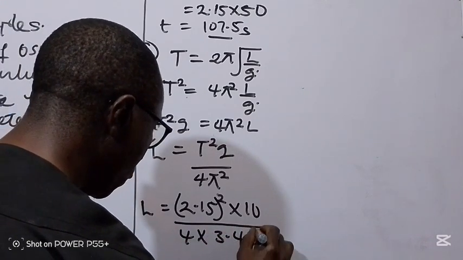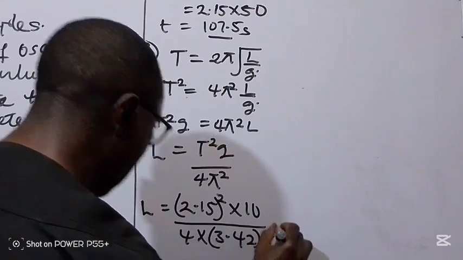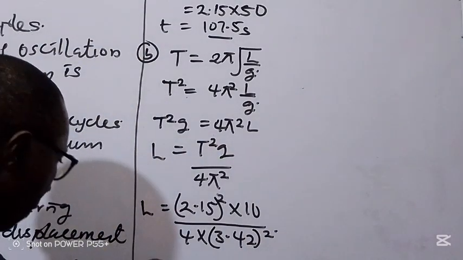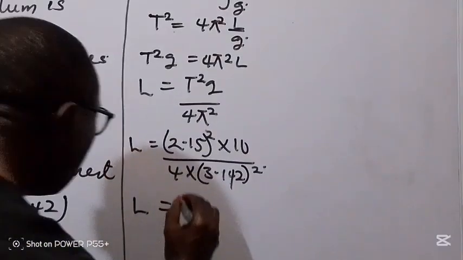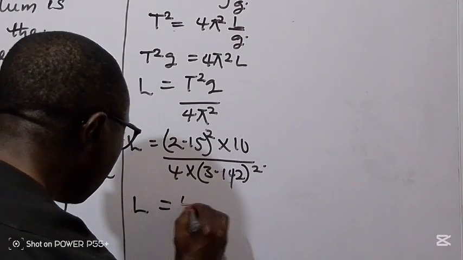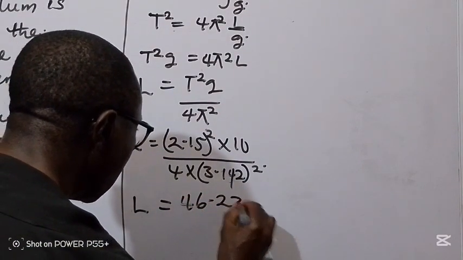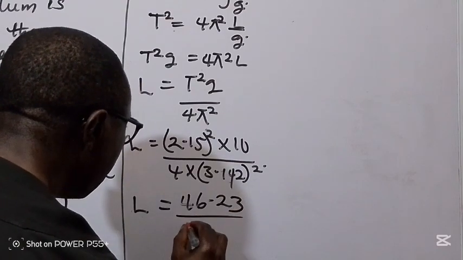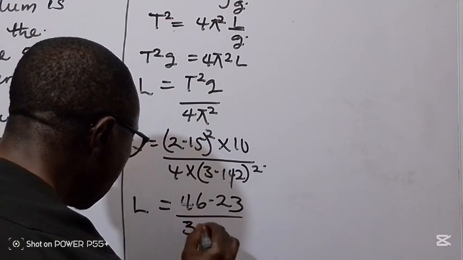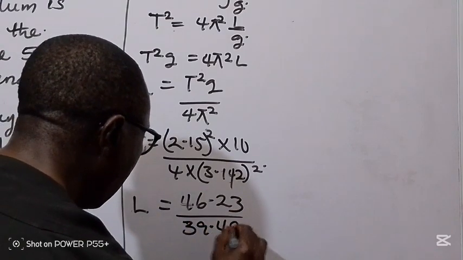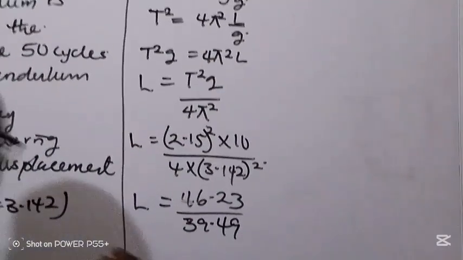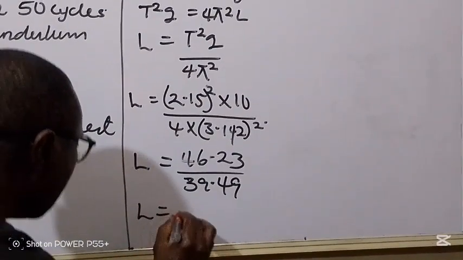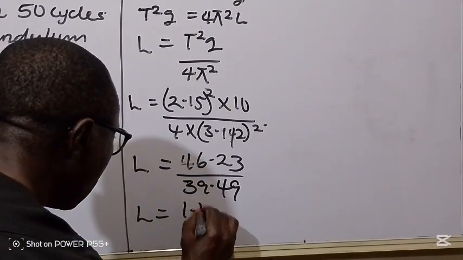Therefore, the numerator will give us 46.23 divided by the denominator 39.49. The answer for the length of the pendulum will be equal to 1.170 meter. That's the length of the pendulum ball.